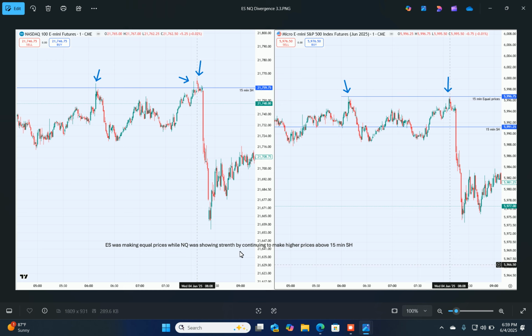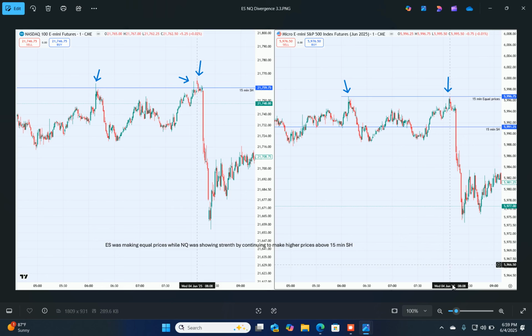On the left-hand side, I got the 1-minute time frame for the NASDAQ, and on the right-hand side, I got the 1-minute time frame for the ES. If you look at the swing points that I pointed out on the 1-minute time frame, the NQ made higher prices twice relative to this 8:08 candle, continuing 15-minute market structure.